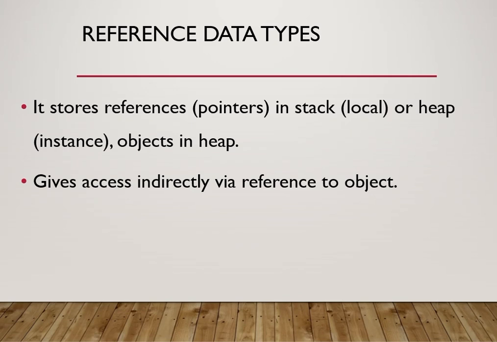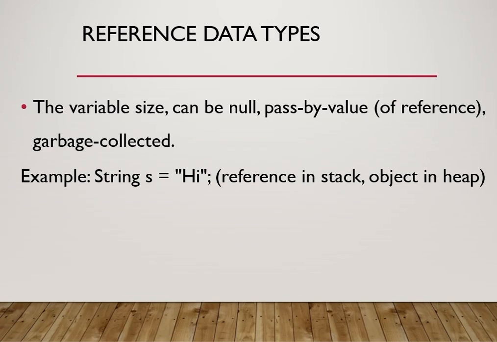And it says the variable size can be a pass by value or garbage collected. And there's an example: the string, where the variable is s and the object is hi, so the reference will be pointed from the s to the hi in the object.